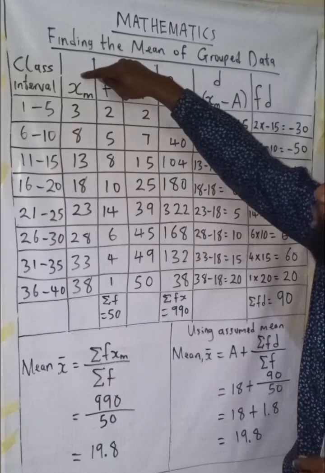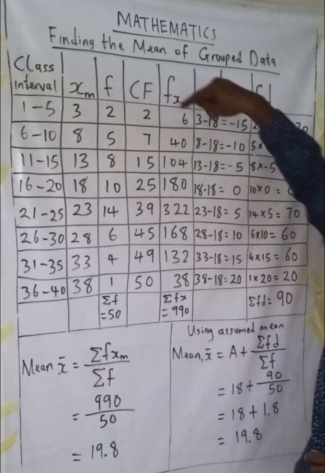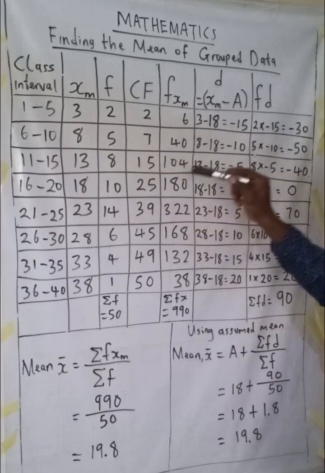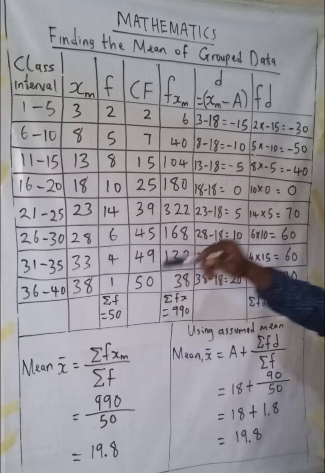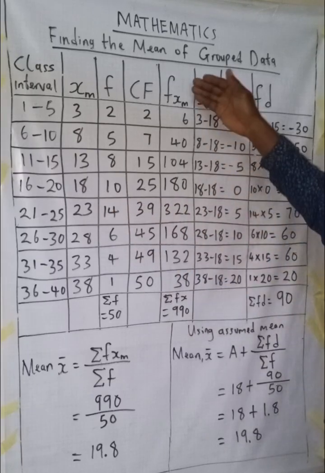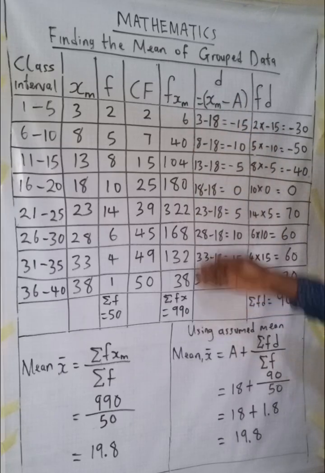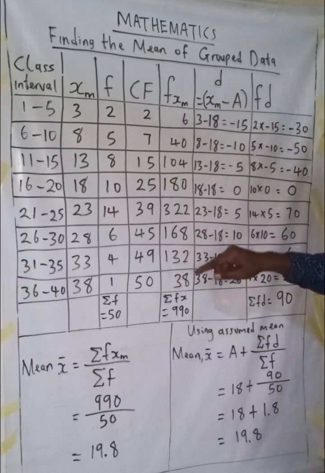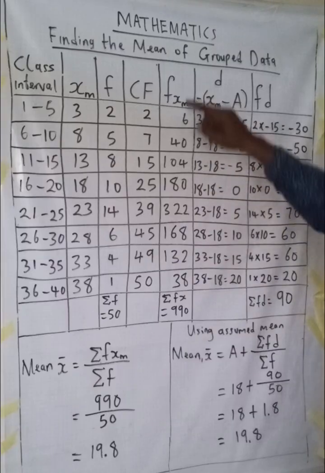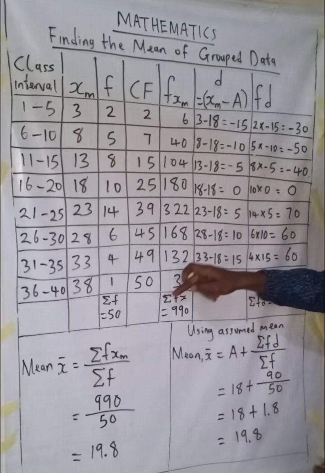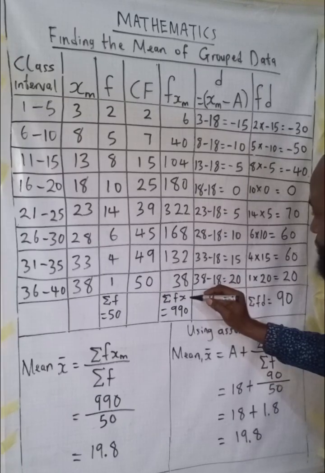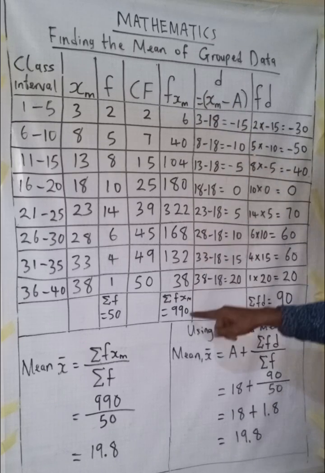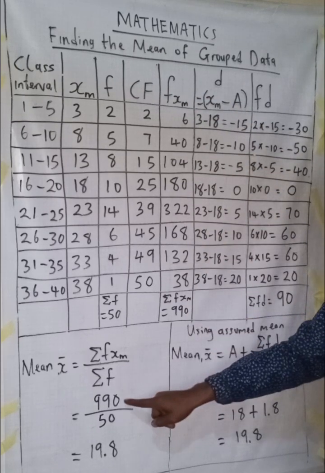When we multiply 2 times 3, 6; 5 times 8, 40; 8 times 13, 104; 10 times 18, 180, and so on. So here we have all the f times x up to this point. If you add all of them, it will give you summation fx, which is 990.